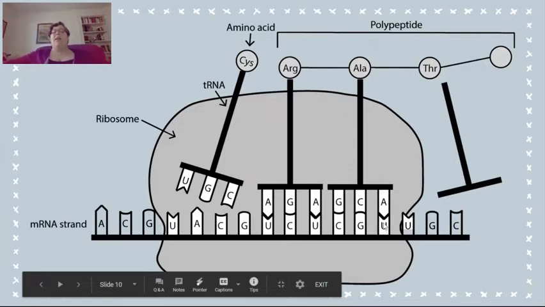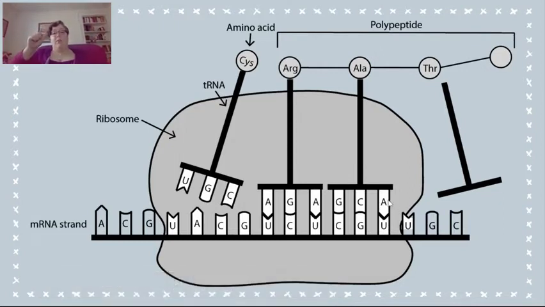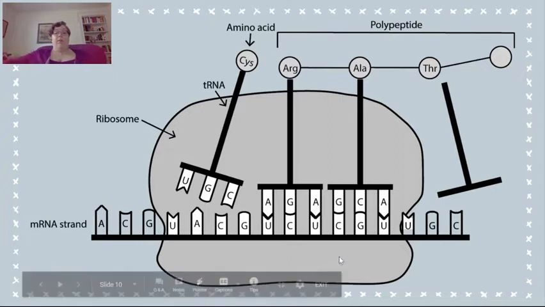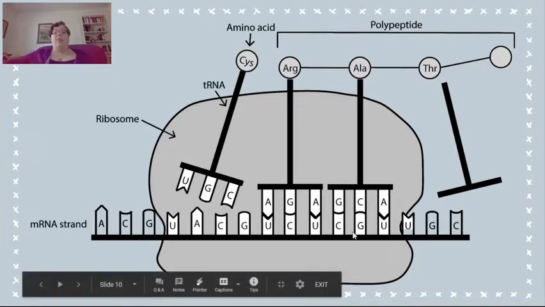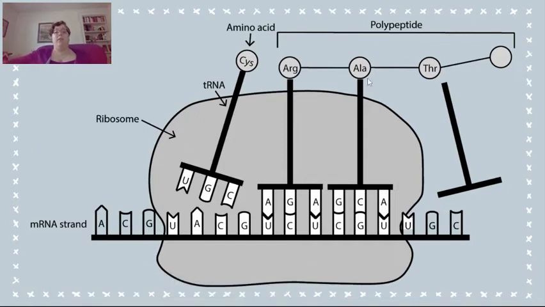And so that U matches up to an A. That would be its complement because adenine and uracil attach together just like adenine and thymine do in DNA. Cytosine attaches to guanine, and guanine attaches to cytosine. And that 3-letter code codes for the amino acid alanine.